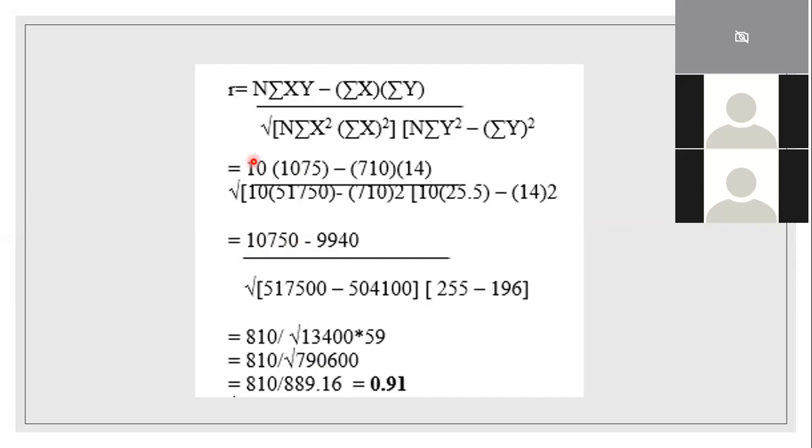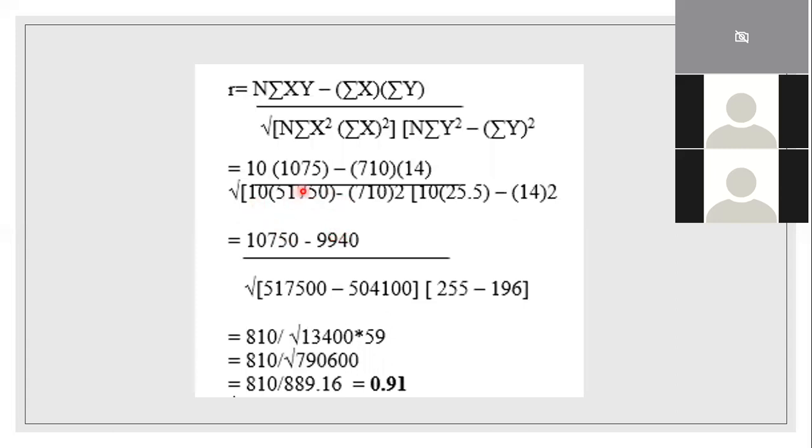Then you times this over here, 710 times 14, which gives you 9,940. You have to do the two sets of multiplication first before you do any subtraction. Again, our BODMAS rules, the rules of mathematics, still apply. So you multiply, and then you multiply, and then you subtract.